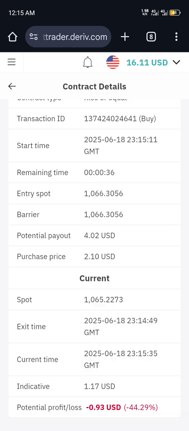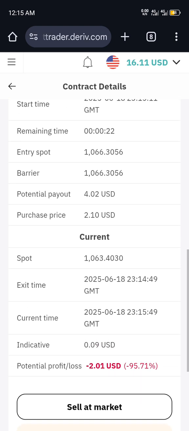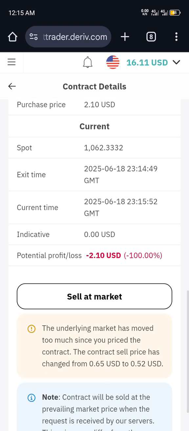Our stop loss is 90 cents. I've seen 90. I try to close it, but the network is disturbing. I'm still trying. The network won't let me close the trade. Sometimes that's how it is.